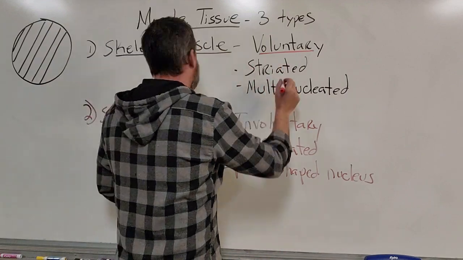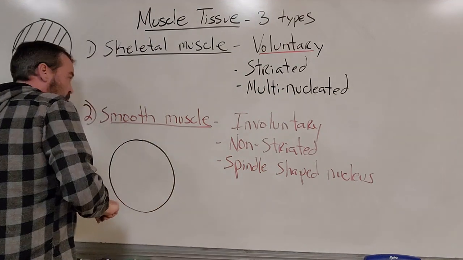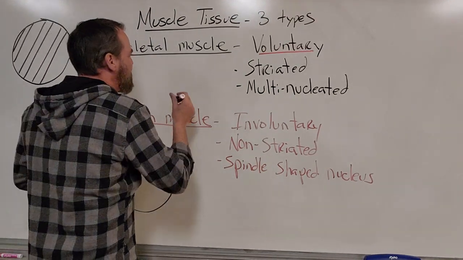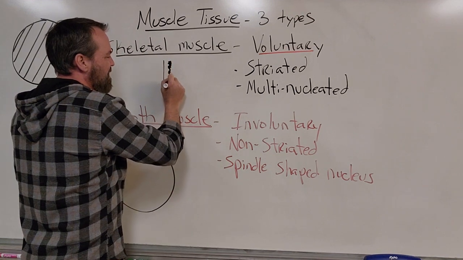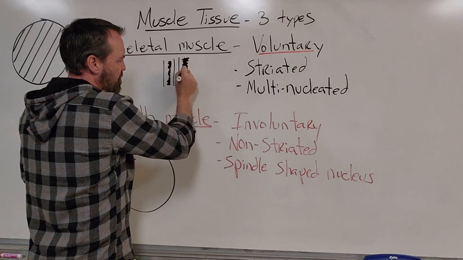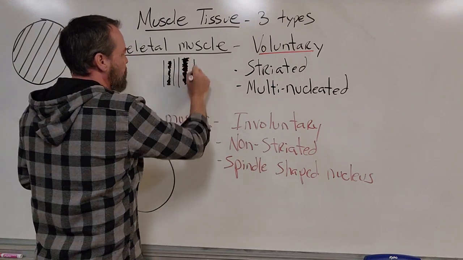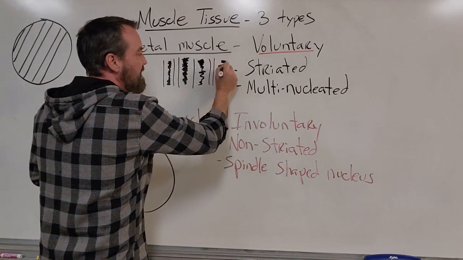It is also striated, meaning when we look at skeletal muscle under the microscope close up, we're going to have kind of this repeating pattern that forms in the fibers. So we'll have something along this line, pow, pow, pow, pow, and another one here. But we have this pattern that just repeats.